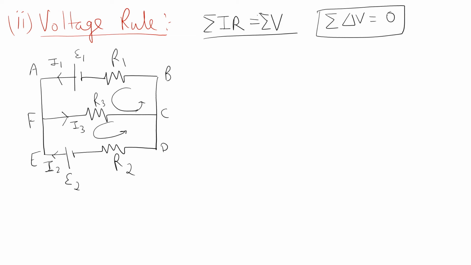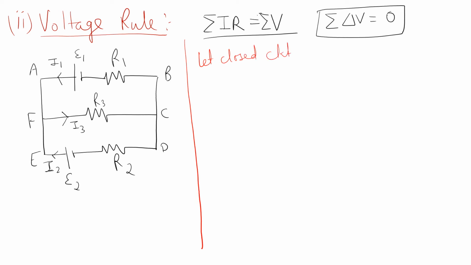So let us try to understand it in more detail. For the sake of simplicity, first take the closed circuit A, B, C, F, A. Just remember how I am writing it.